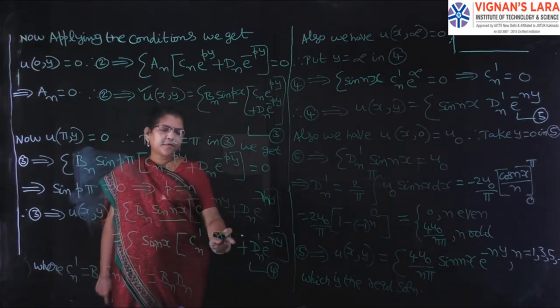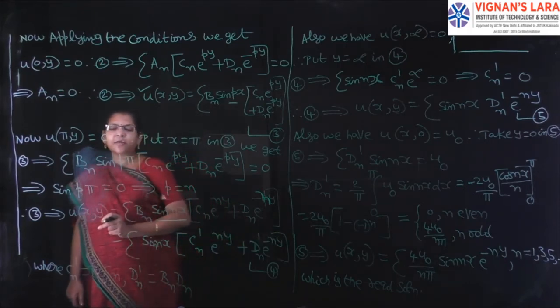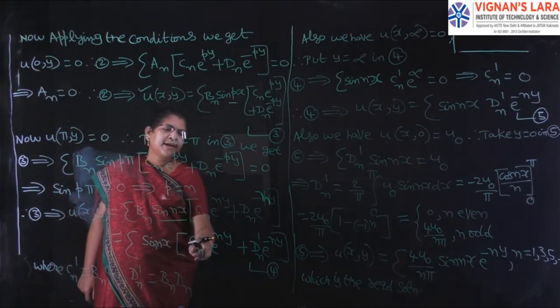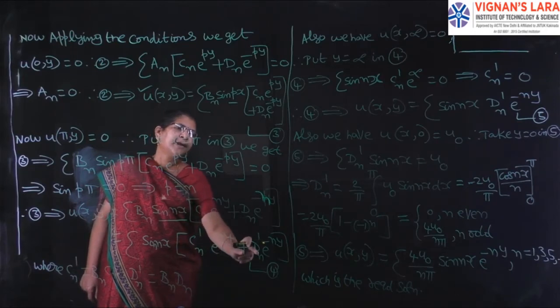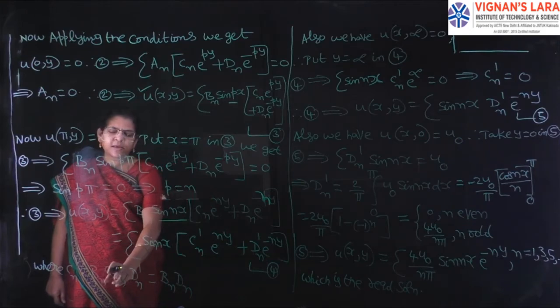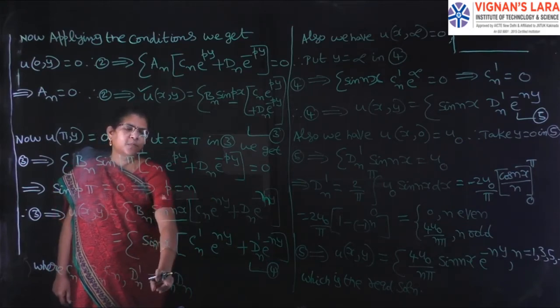Take this as equation number 4. So u of x comma y is summation sin nx into Cn dash e power ny plus Dn dash e power minus ny, where Cn dash equal to bn Cn and Dn dash equal to bn Dn.